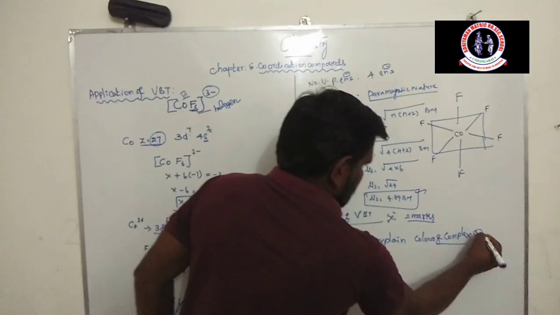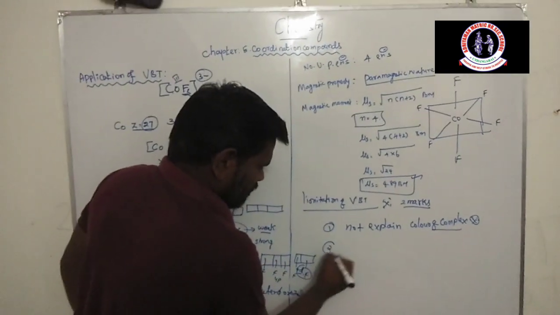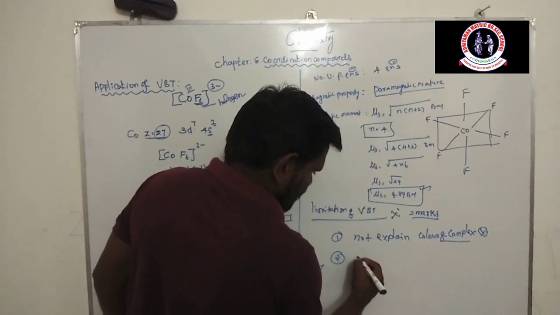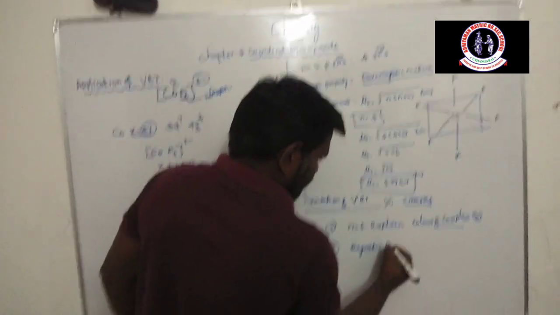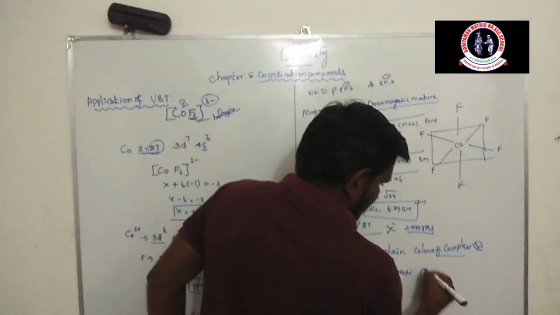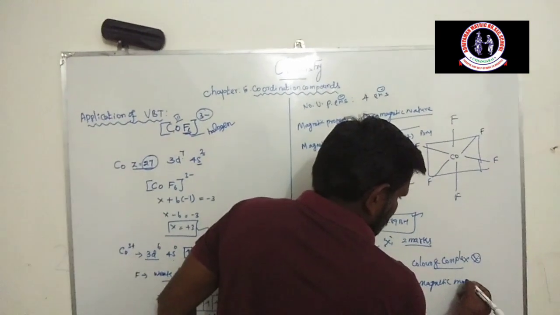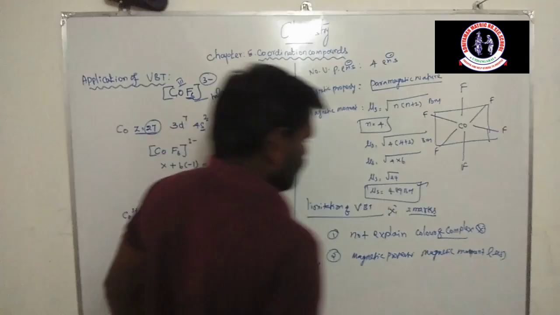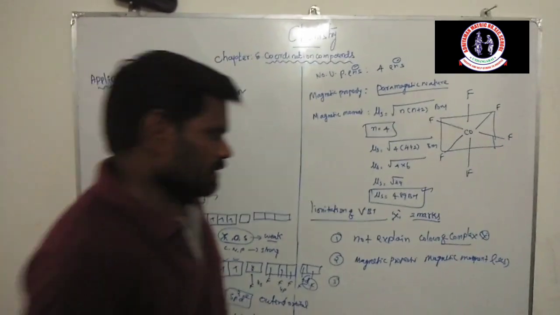It's a very important drawback of VBT. And the second one, it explains the magnetic property of compounds, but only the spin-only magnetic moment.